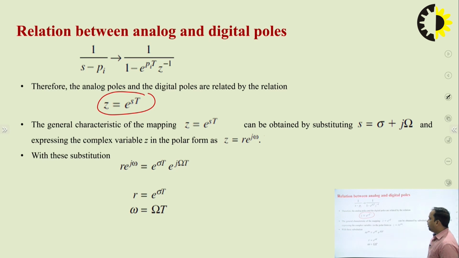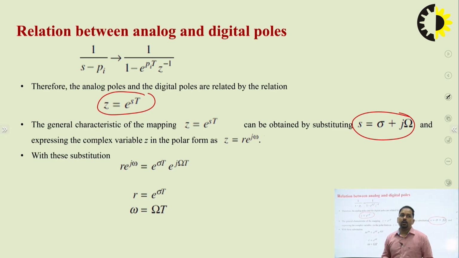Z is in the digital domain and S is in the analog domain. So instead of S, we put S equal to sigma plus j omega, where omega is in the analog domain, whereas Z is in the digital domain, so Z equals r e raised to power j omega.